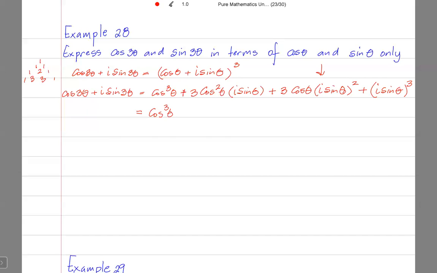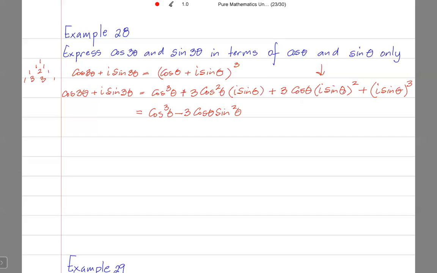So that will make this minus 3 cos theta sine square theta. When I square i sine theta, I get i square sine square theta, but i square is equal to minus 1. So the entire term becomes minus cos theta sine square theta.